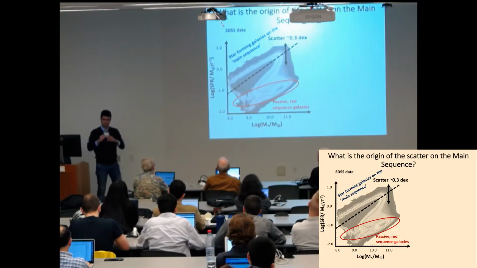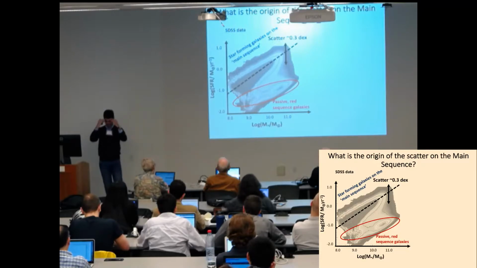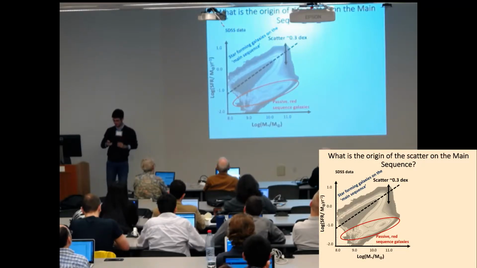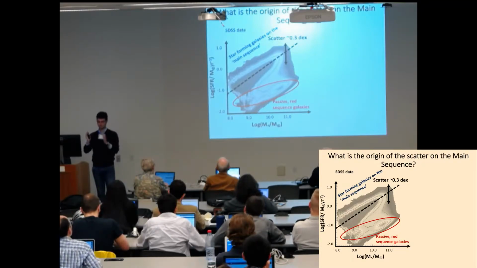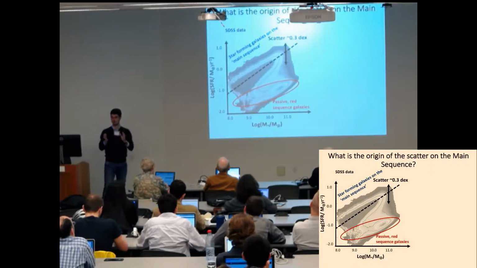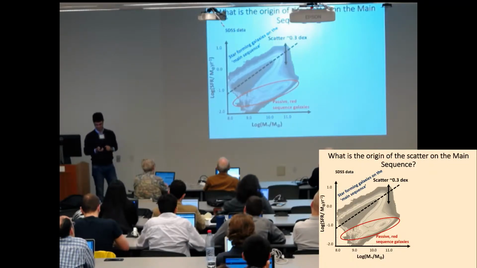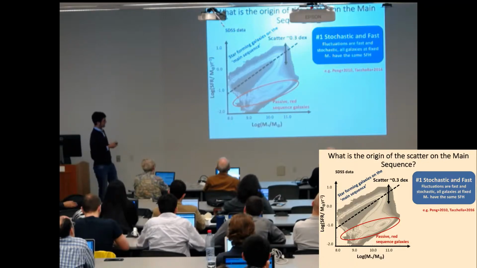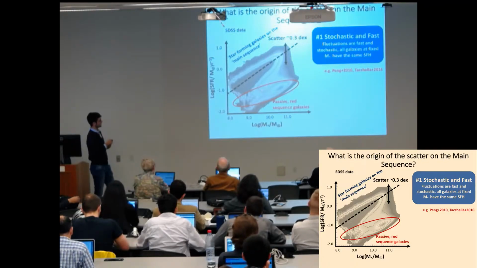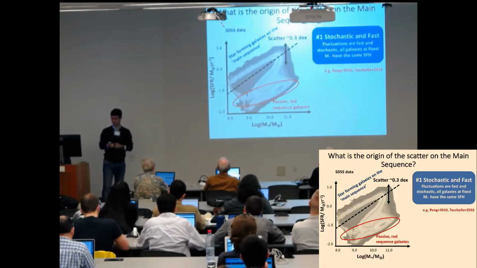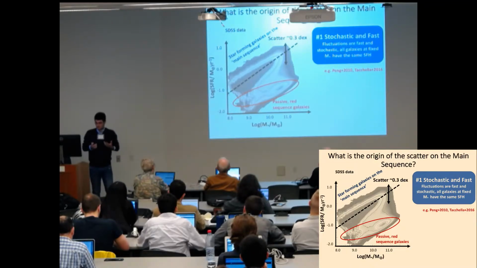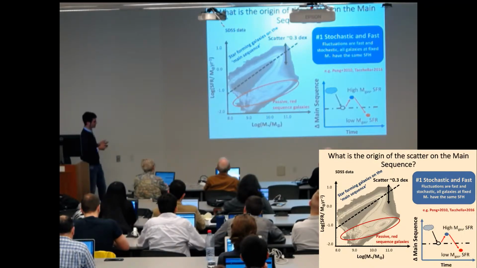So in order to simplify this discussion and leave you with a couple of key ideas to keep in mind, let me just draw two parallel physical models for how to understand the scatter. In the first model, galaxies fluctuate stochastically around the main sequence on fast timescales. You can see why this model is attractive because you can parameterize it via a toy model like this.